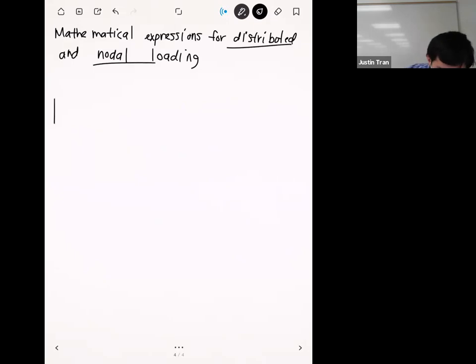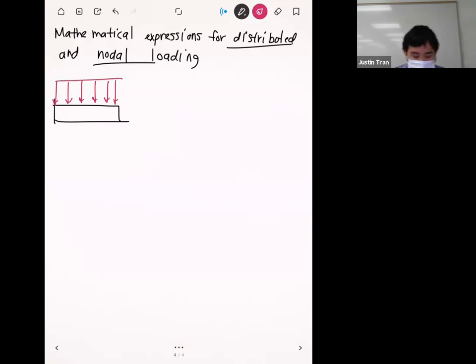For a distributed load, let's say that we just have a single beam element, and let's say that we have a distributed load like this. And we leave the form arbitrary for now, and so we say that it's W of X. Actually, that's really poor terminology. Let me change this to P, just because we're using W for work. Sorry about that. So let's say that we have a P of X.